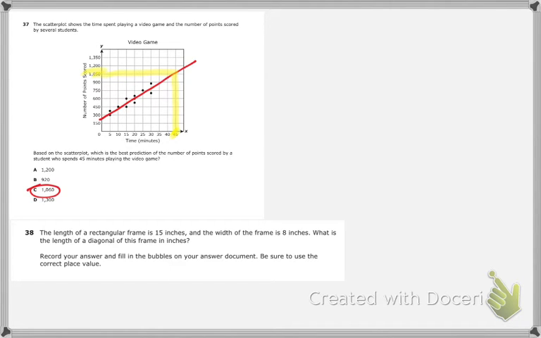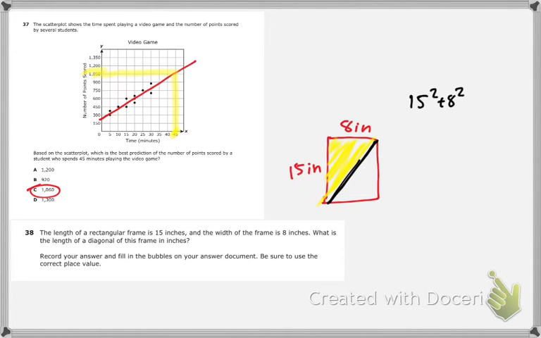38, the length of a rectangular frame is 15 inches and the width is 8 inches. What is the length of the diagonal of the frame? So they're looking for this part right here. So this is a triangle right here, so we can use the Pythagorean theorem, which is 15 squared plus 8 squared.